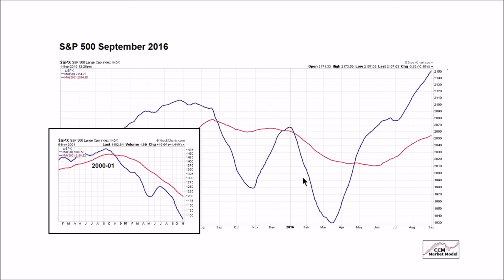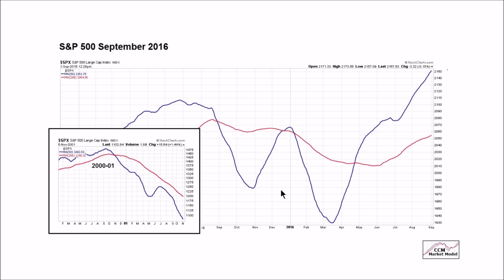We also have to ask ourselves, does this look here that we have in September of 2016 look anything like this? Notice again, once the 50 crosses below the 200 and the 200 rolls over, do we ever see the 50-day moving average make a new high above this high here? The answer is obviously no. We just had one here.